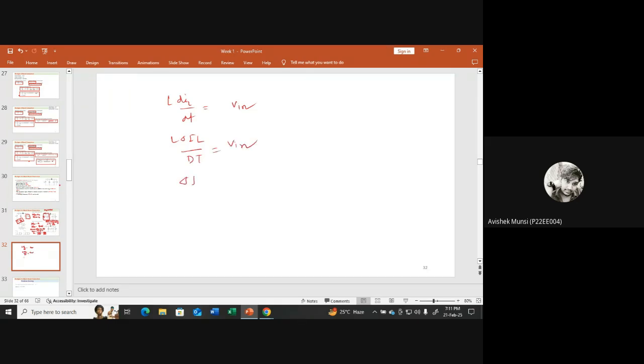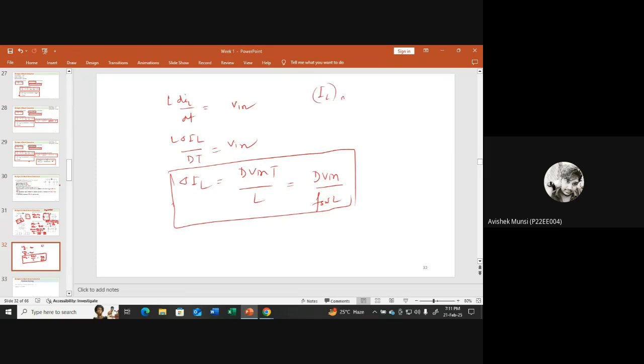So the ripple current will be d V in T by L, that is d V in by f_SW L. So this is the ripple current. And the maximum current will definitely be the average plus this, and the minimum will be average minus this.